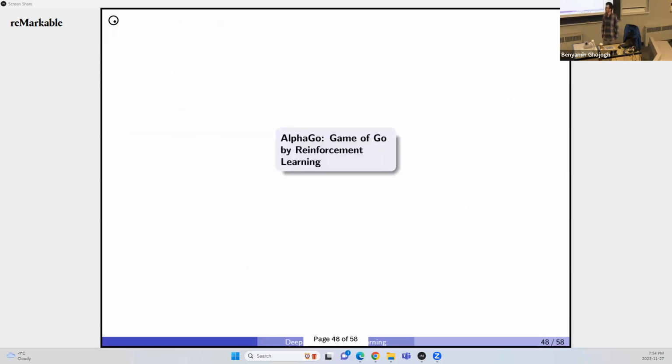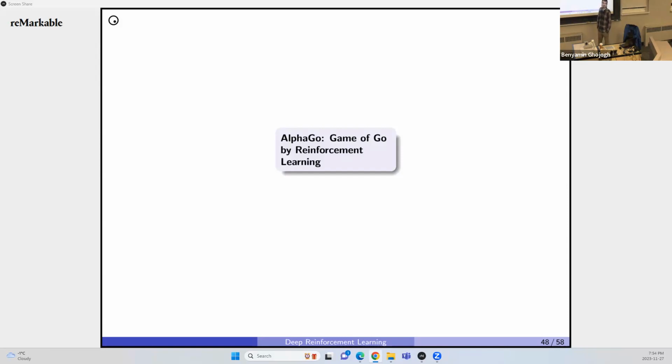Now, let's go to the fun part, AlphaGo. Whenever Google, especially, does some breakthrough in games or etc., they call it Alpha something. So AlphaGo is for playing the game of Go with artificial intelligence.